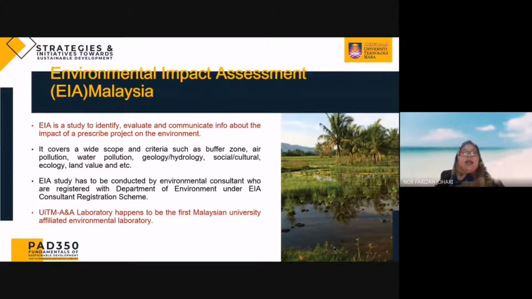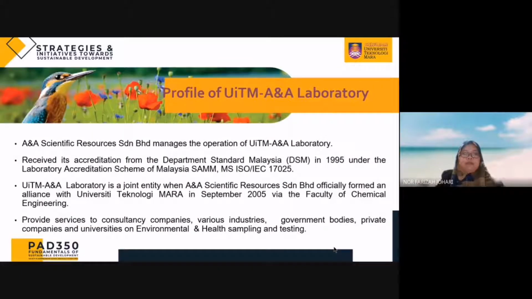UITM A&A Laboratory happens to be the first Malaysian university affiliated environmental laboratory. So here, I would like to brief you about this UITM A&A Laboratory. A&A Scientific Resources Sdn Berhad manages the operation of UITM A&A Laboratory.